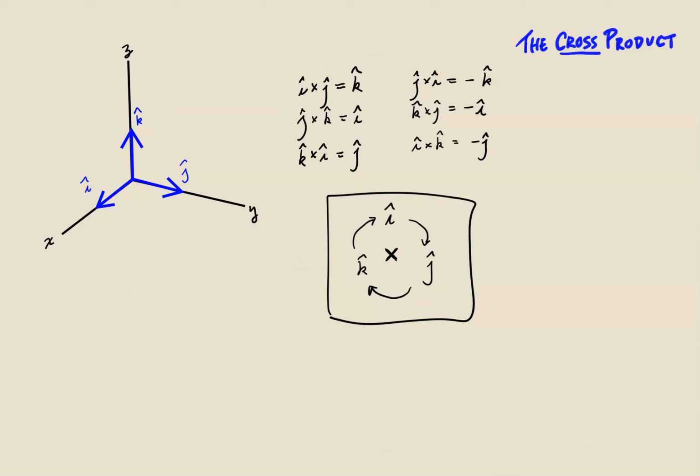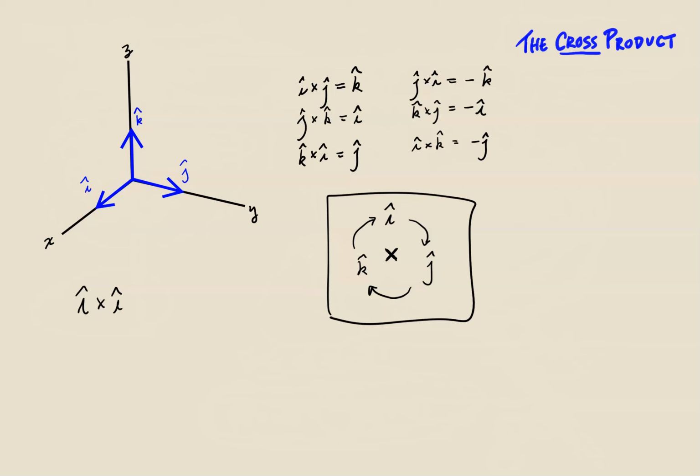We didn't, however, say anything about what happens if you cross one of i hat, j hat, and k hat with itself. Suppose we looked at, say, i hat cross i hat. What would that be? Well, its length would be the magnitude of the parallelogram spanned by i and i. But there is no such parallelogram.